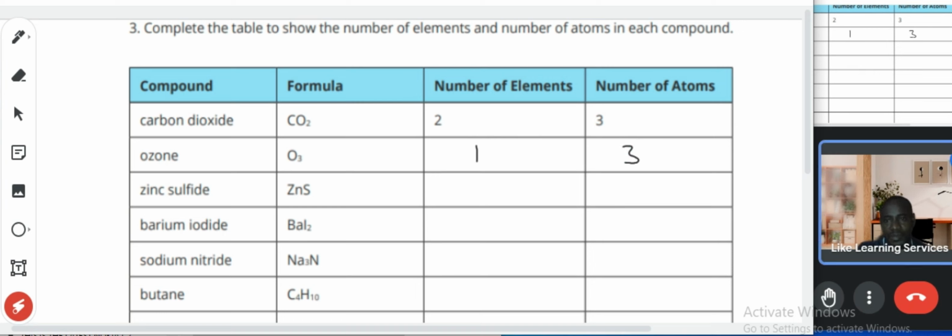Okay, so ozone has 1 element, which is oxygen, and 3 atoms of oxygen. That's correct.